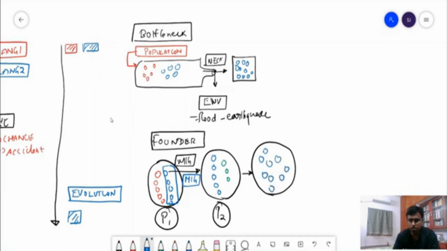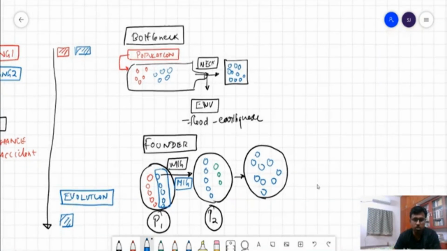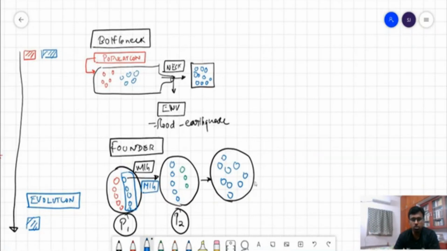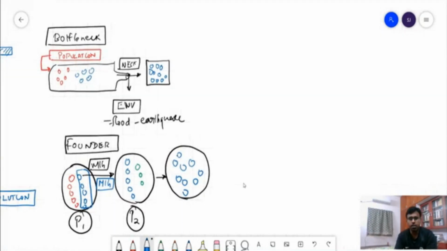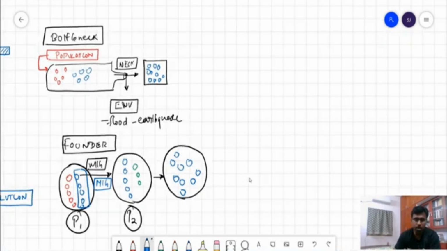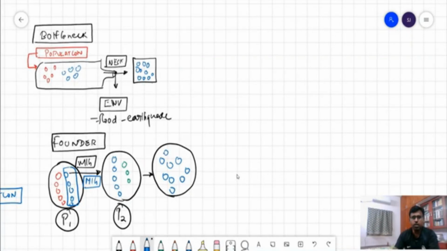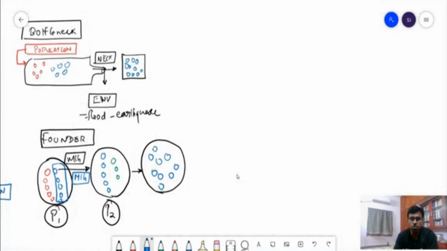So the gene frequency has changed from one allele to the other, not naturally, but because of this selective migration and increase of a specific allele in that population. This is called the founder effect. These two are the processes through which genetic drift occurs.